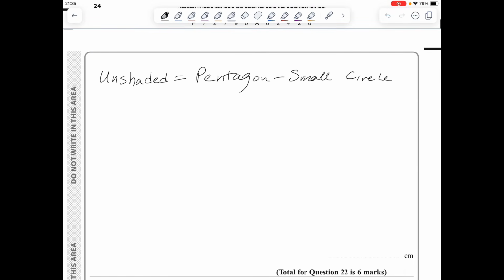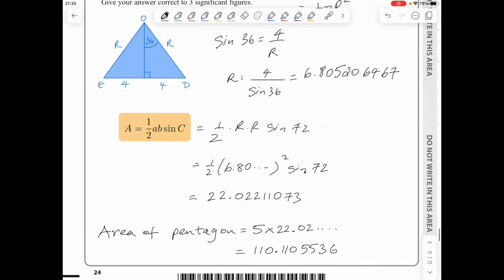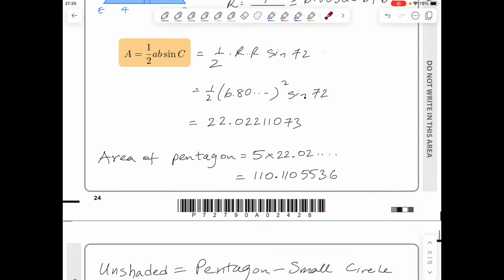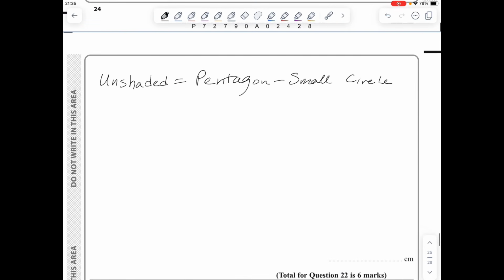Now the unshaded area, as mentioned above, is equal to a half pi r squared, same as the shaded one. So 1 over 2 pi r squared with an uppercase R equal to the area of the pentagon, which is 110.11 and so on, minus the small circle, which is pi r squared with a lowercase r.